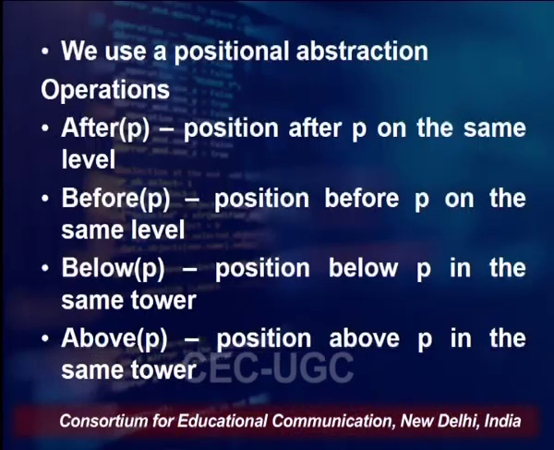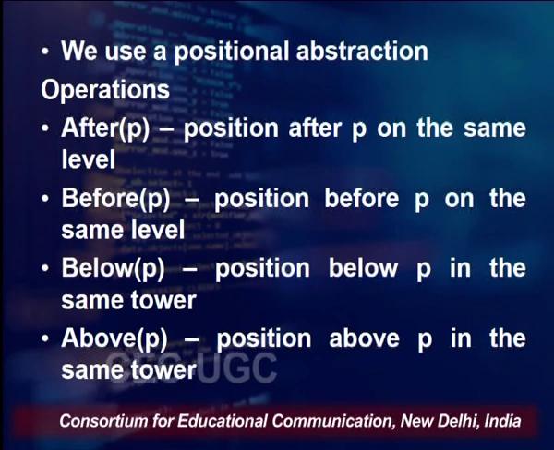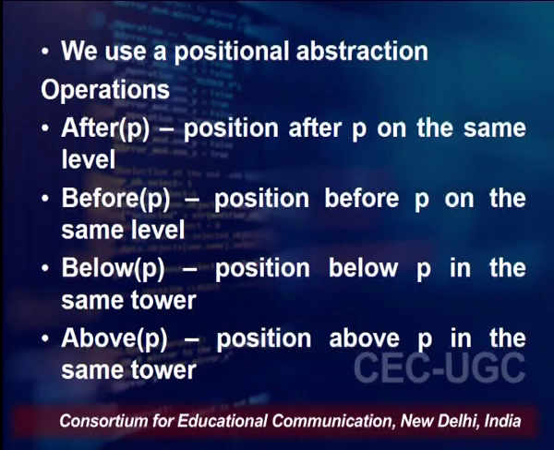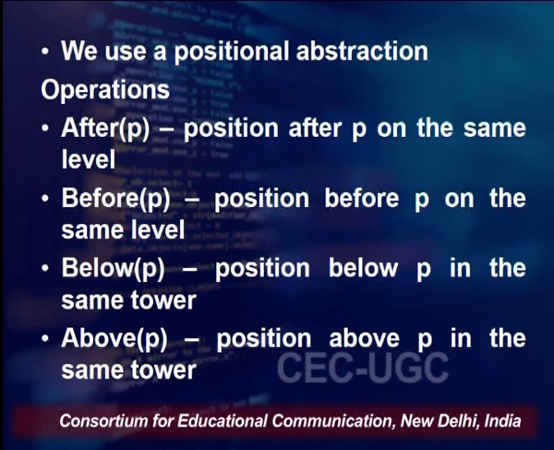After p is the position after p on the same level. Then we have before p, which is the position before p on the same level. So, after and before are covered, then we are left with below and above. Below p is the position below p in the same tower, and above p is the position above p in the same tower.